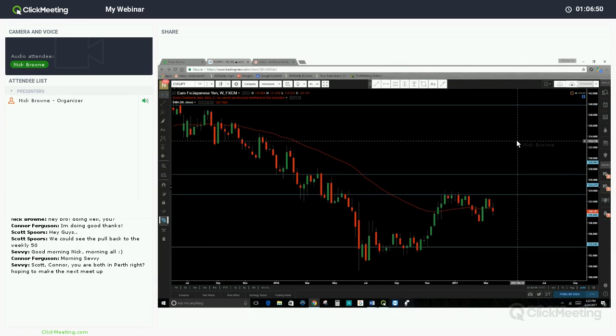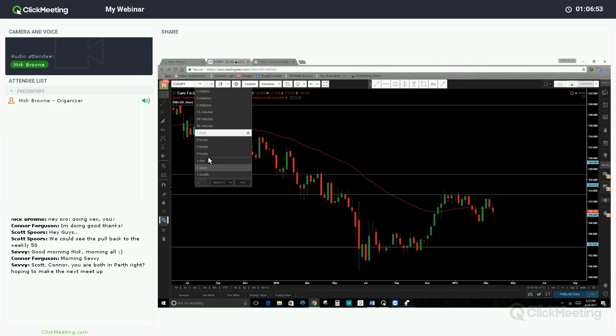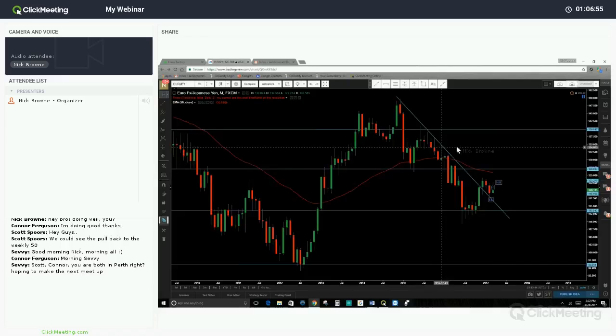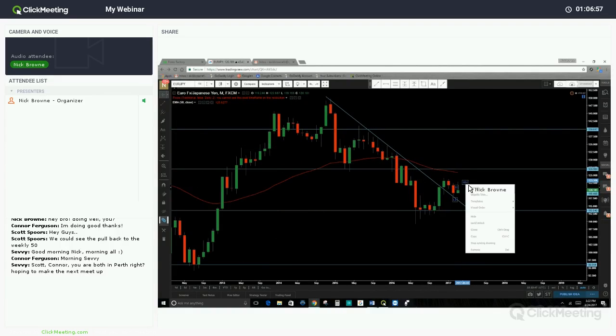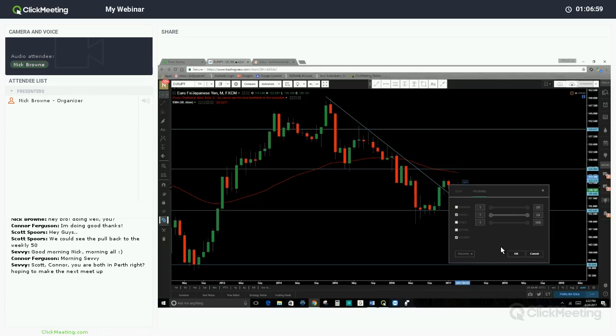Euro yen. Euro yen weekly chart doesn't look too great. The yen pairs seem to be pretty confused right now.